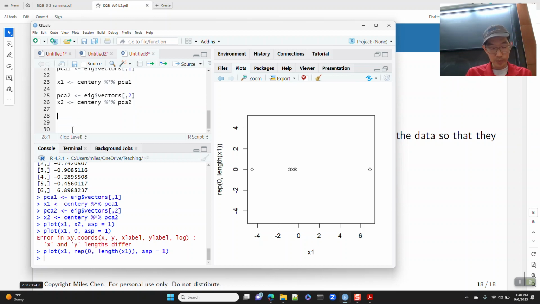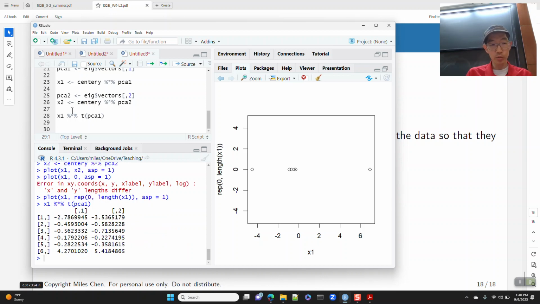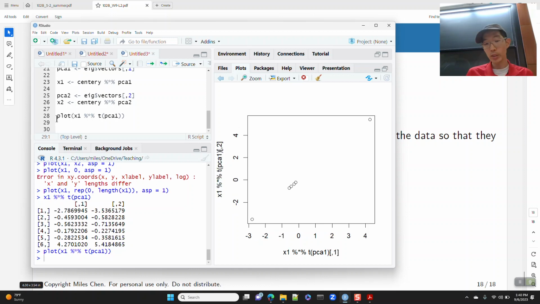So if I just take x1 and I can transform it back by multiplying it by the transpose of PCA1, okay, and that will give me two-dimensional data, and I can plot this.